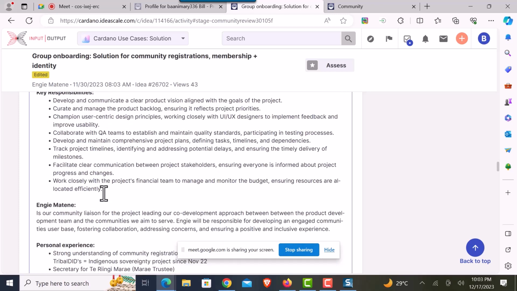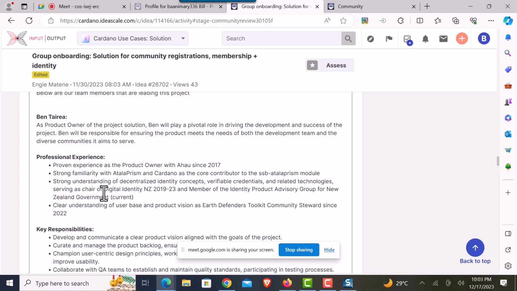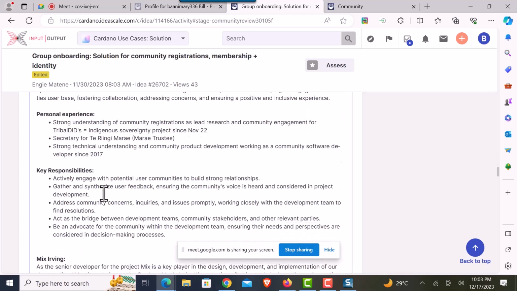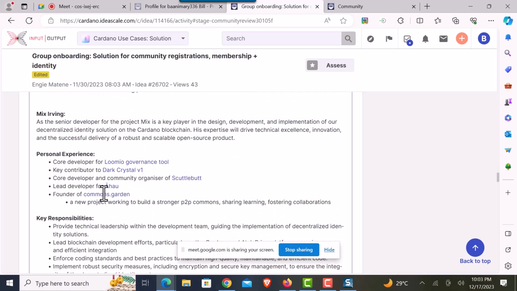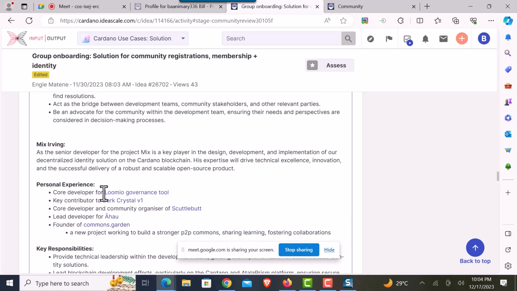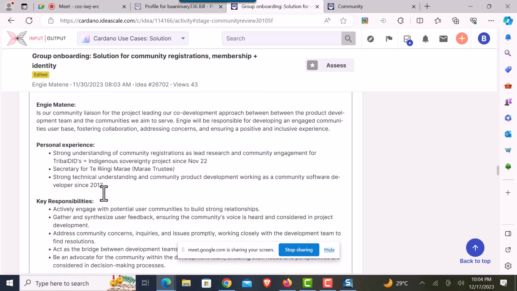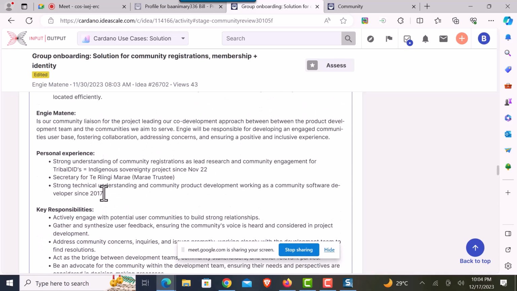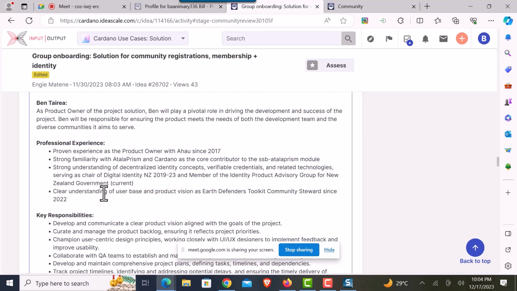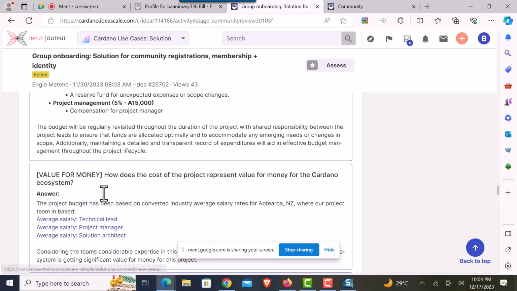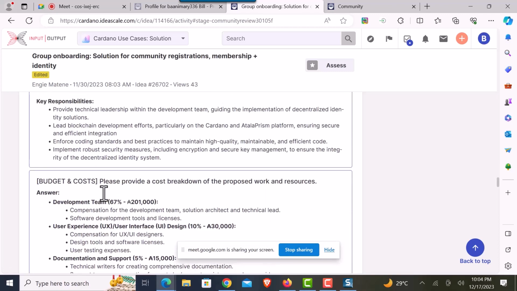So I can see Ben here, I can see NG here, I can also see Mix. So there are about 3 in the team, so that is okay for me. And the information they provided, I think they have quite some reputation, so I'll just go and assess in that regard. Let me show you the other part I was talking about.